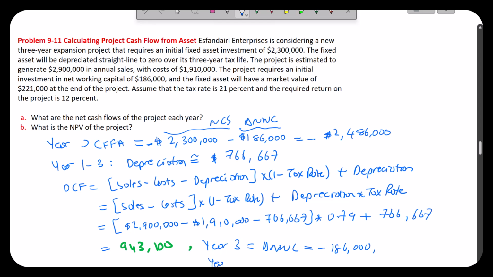And year three NCS is going to be after tax salvage, which we're going to calculate using our template.